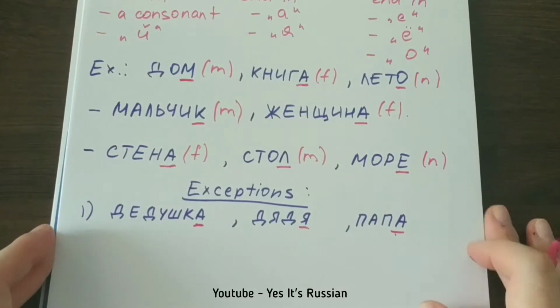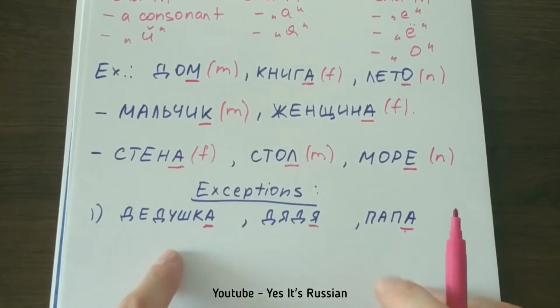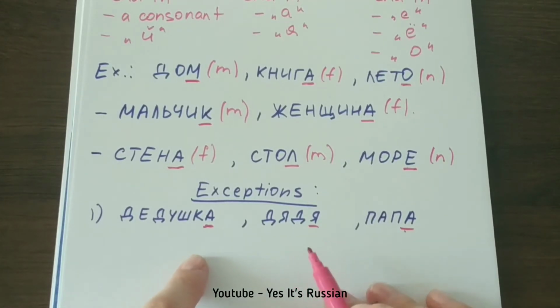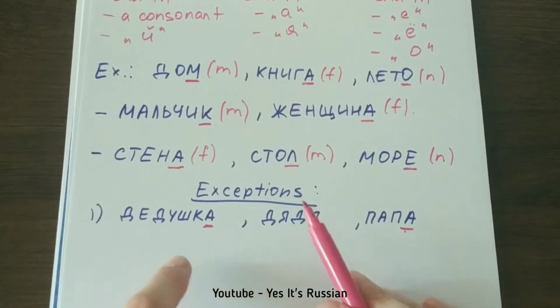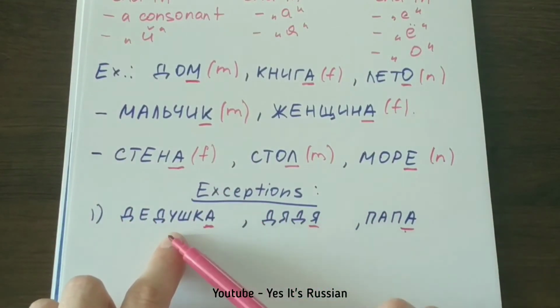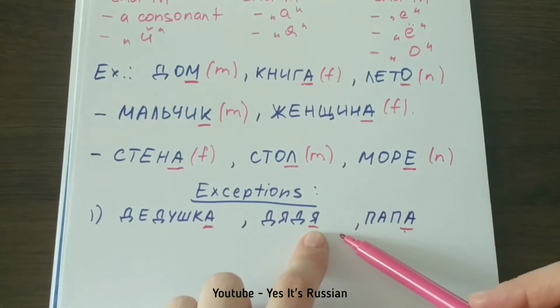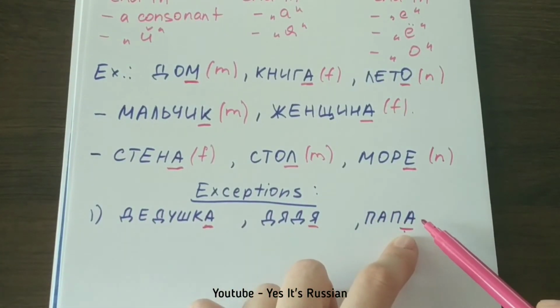So the most basic exception to the common rule is that you have to know these three words which indicate living creatures: дедушка, meaning grandfather, дядя, meaning uncle, and папа, meaning dad.